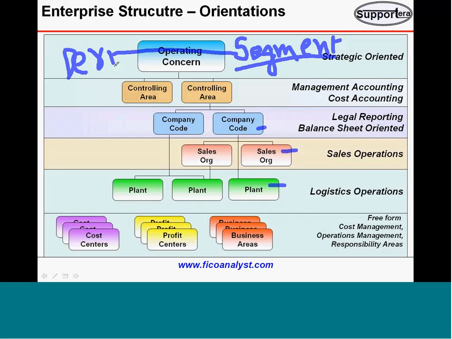So what does it mean, Hanmantra? A segment could be a product, a geographical area, a center, anything. I want to see the profitability in a multi-dimensional manner. So my segment could become a product, an area, a person, or a strategy. Yogita, you tell something here.